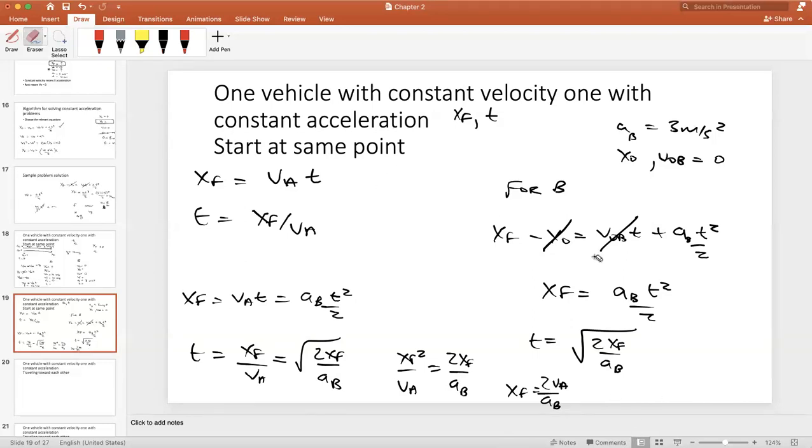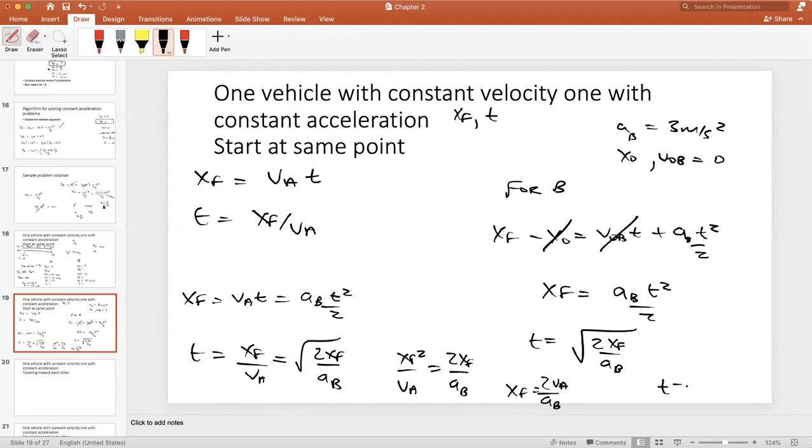So this is definitely true, 2x final over aB. Oh, 2x final over aB doesn't have any x final in it. And this would be 2vA over aB. Okay, fine.